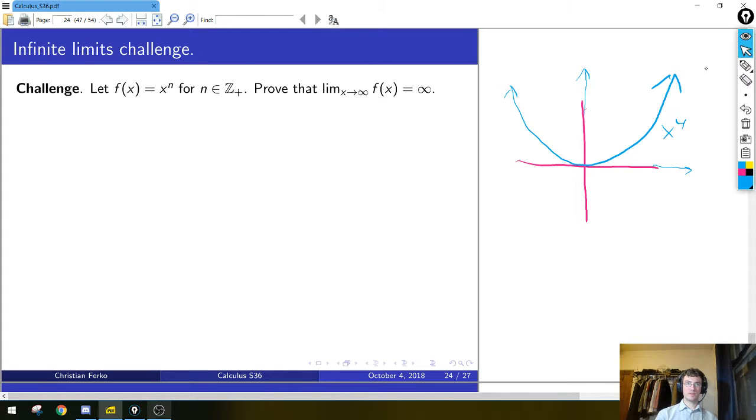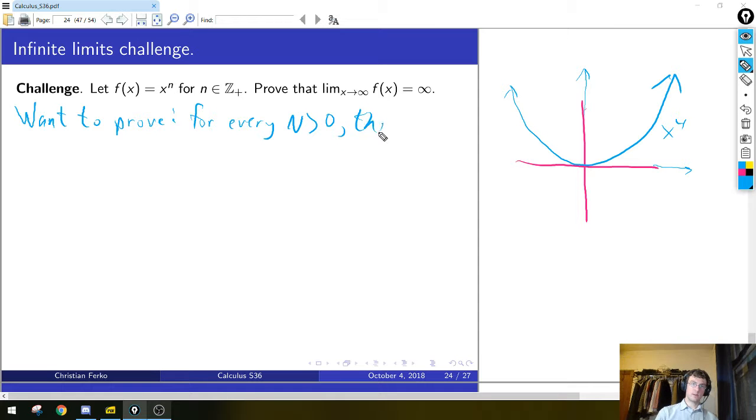So I'll write the definition, then ask you how to do it. By the definition, what we need to prove: for every capital N greater than 0, there is some m greater than 0, so whenever x is greater than m, we have x to the power n is greater than capital N. Okay, so what should I do?